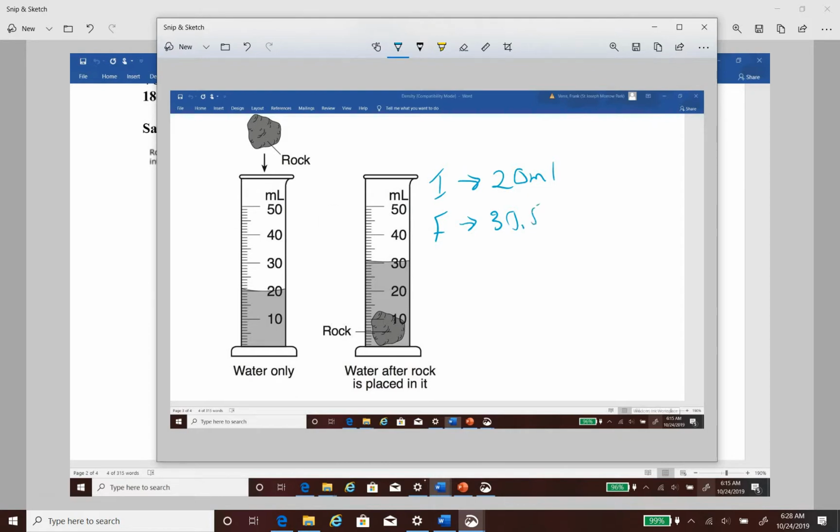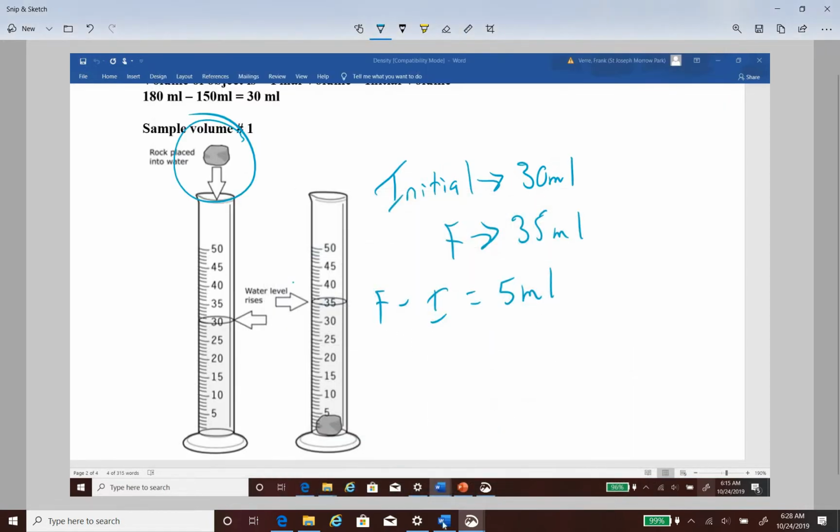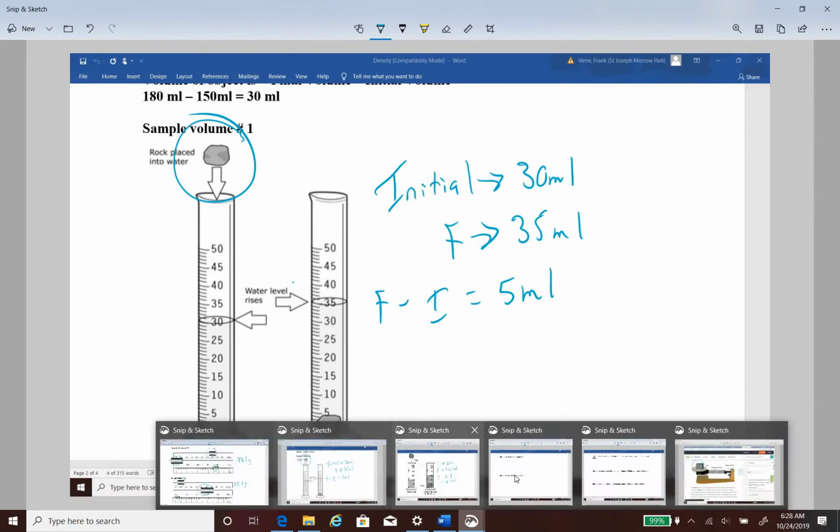I'm going to estimate about 30.5. So the volume of my rock, the difference between the two, final minus initial, would be about 10.5 milliliters.